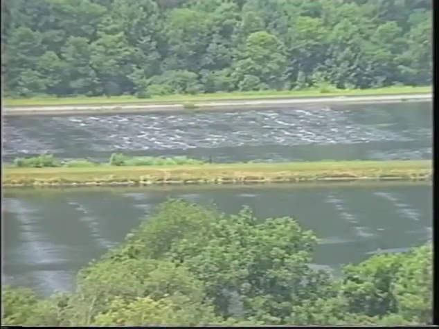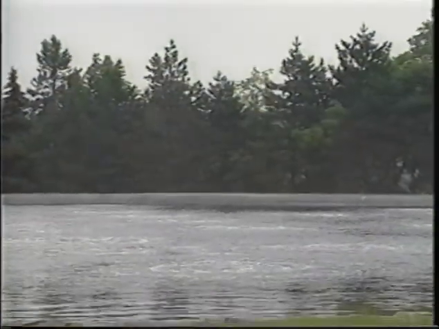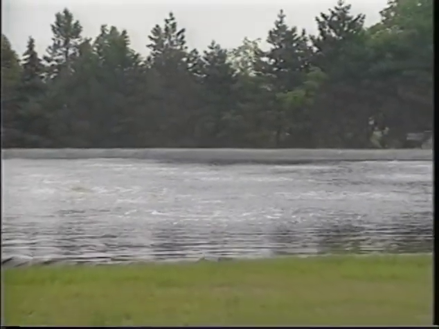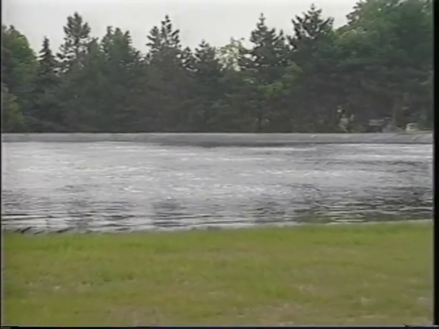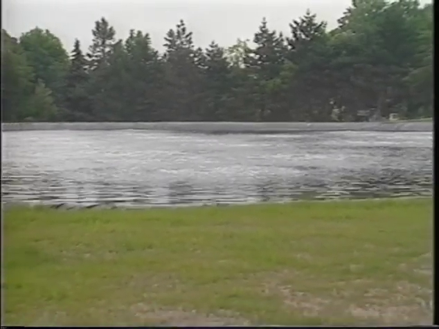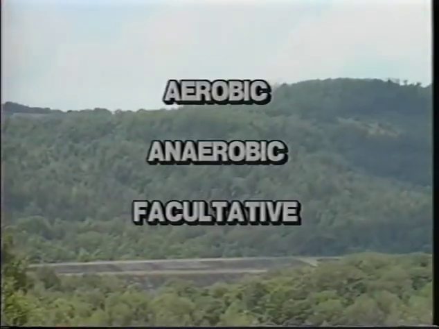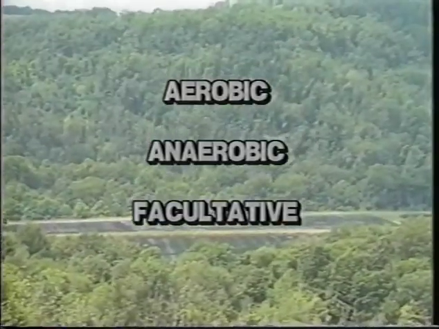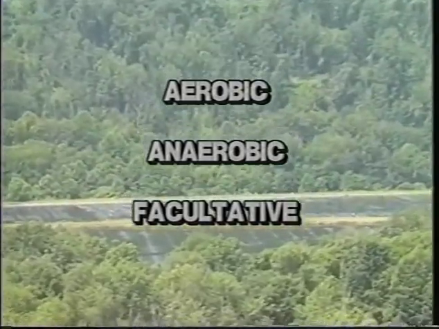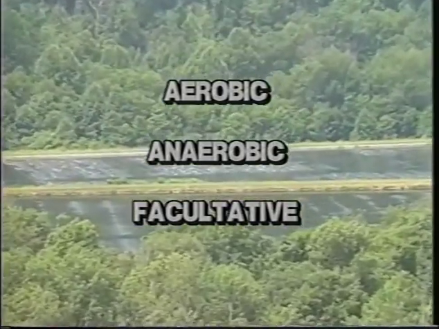Another type of biological treatment unit is the treatment pond or lagoon. Generally, lagoons require large amounts of land to construct and may be used as a standalone treatment system or in conjunction with another biological treatment process. Lagoons are usually grouped into three categories: aerobic, anaerobic, and facultative.